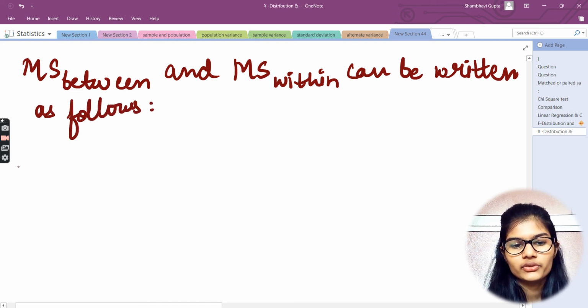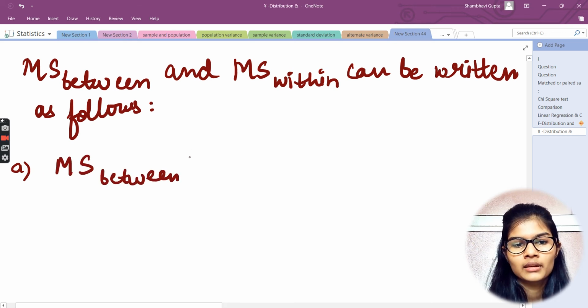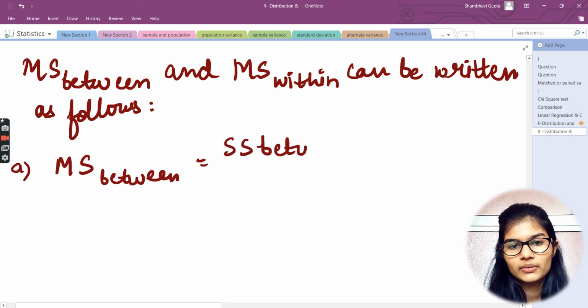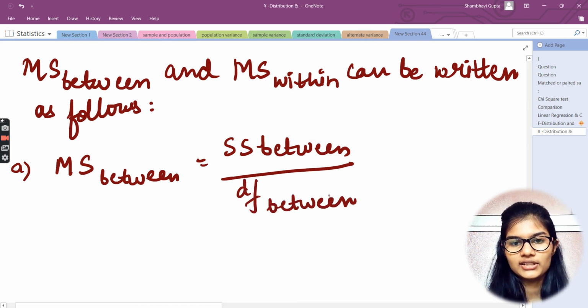Here for the first one, that is the a part, we have MS between, that is equal to SS between divided by df between.